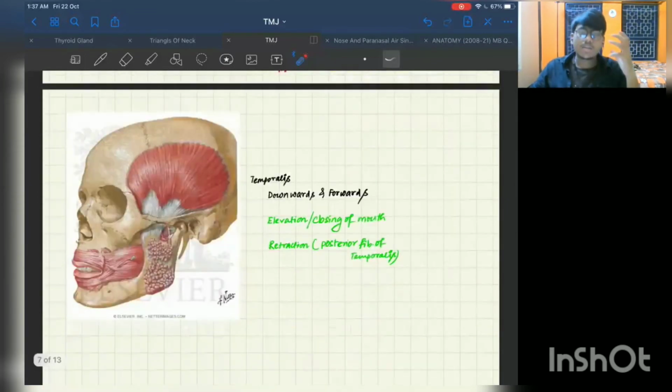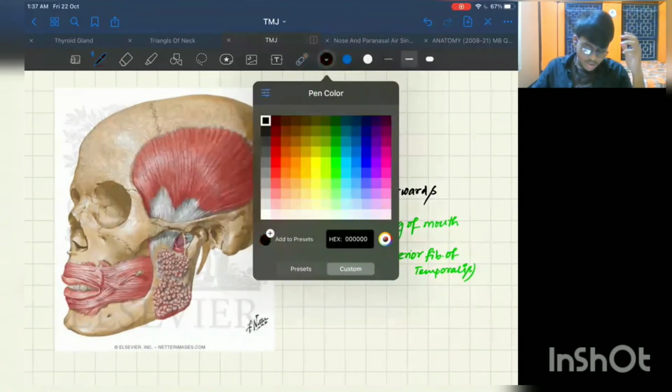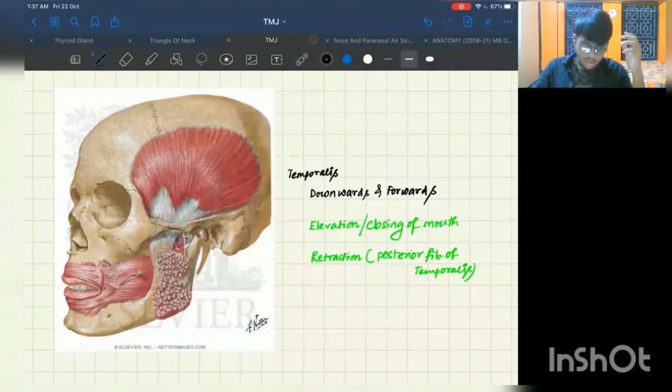Now, let's see a diagram of the temporalis muscle to understand the movements, right? This is the temporalis muscle, getting origin from the temporal fossa and getting attached mainly to the coronoid process. If you see the direction of the fibers of this particular muscle, the fibers are going downwards and the posterior fibers are going forwards.